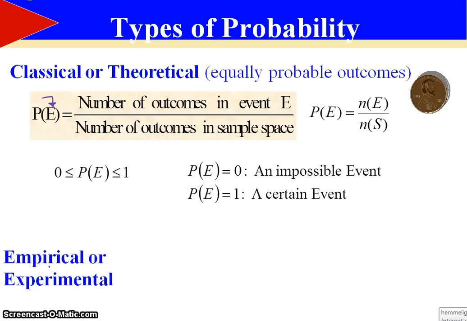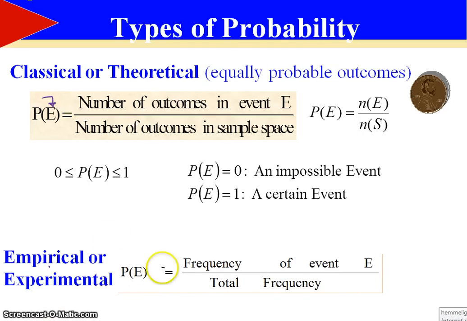You're 100% certain. The other type, besides classic or theoretical, is empirical or experimental, and that's based on the frequency of things happening. So the probability of some event would be the frequency of event E divided by the total frequency. For example, an experimental or empirical probability might have to do with floods, like you've heard the term 100-year flood.